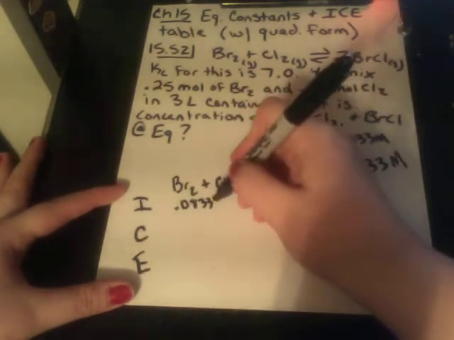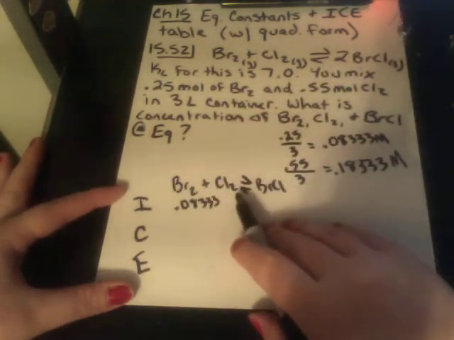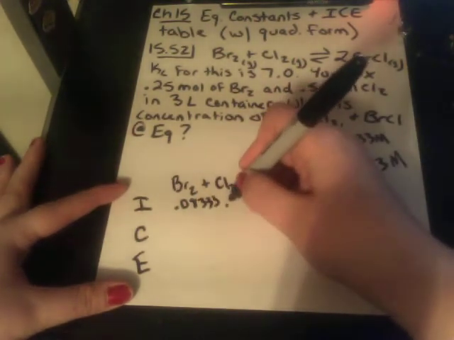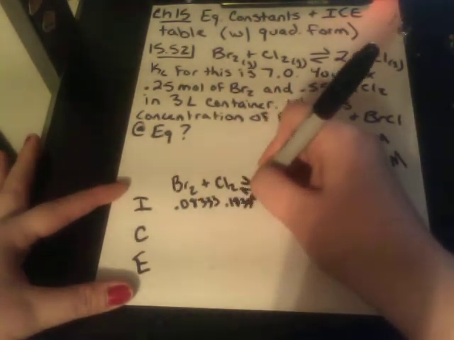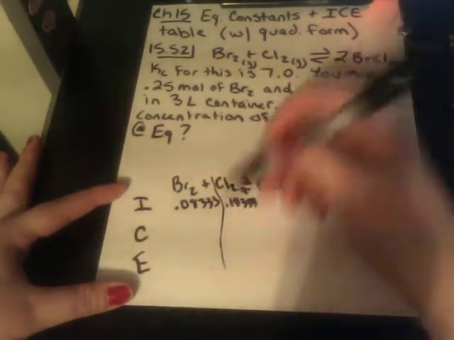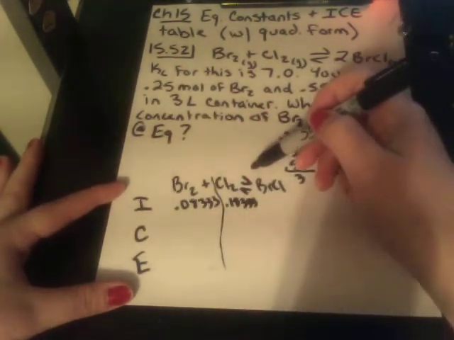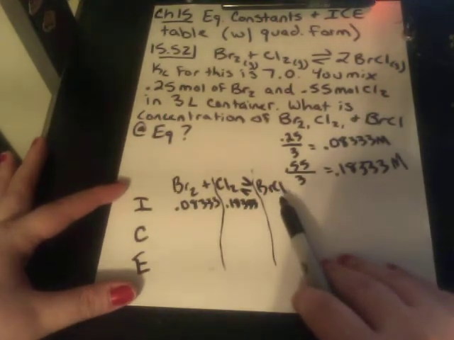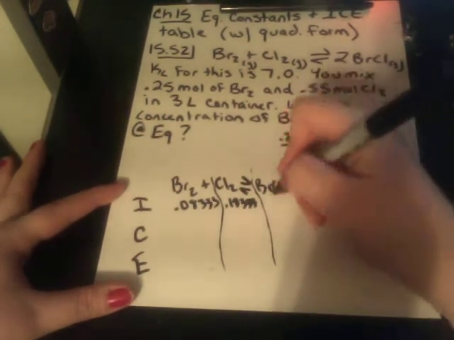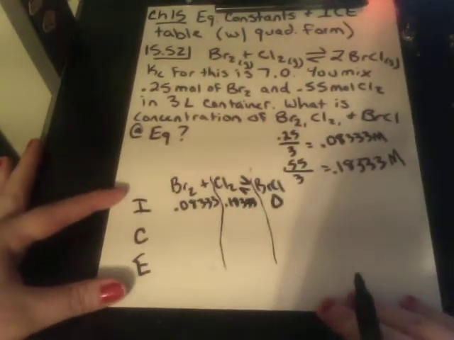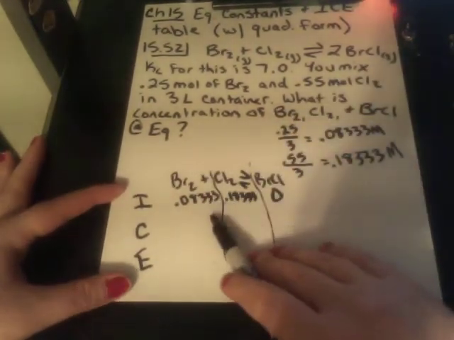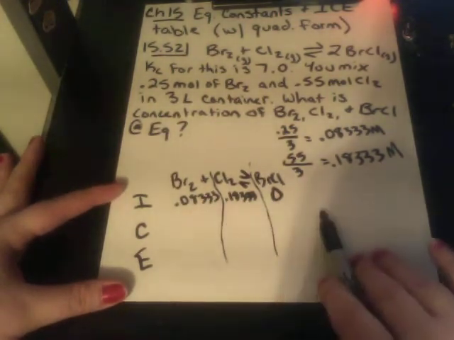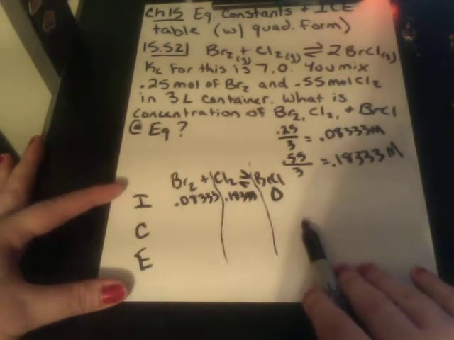I'm going to put the other 3 there because that's what I did with all my math. For Cl2, we added 0.18333, right? I'm trying to keep this a little organized. And the problem doesn't indicate that any BrCl is actually made just yet, right? So 0 initially. So the change, for Le Chatelier's principle, there's nothing over here, so things are going to shift this way, to the right.